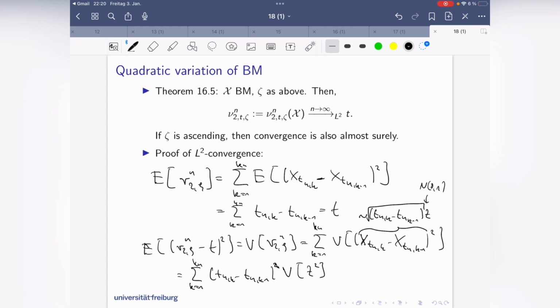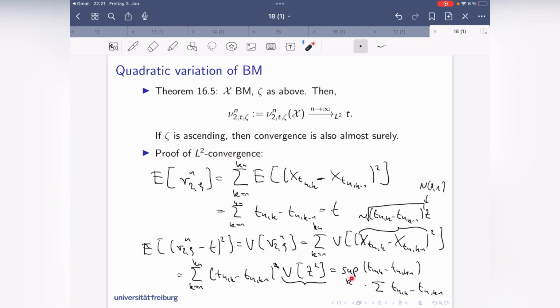Well, this here, the variance of Z squared, is just a finite number. And the sum of this square here, I can do the same trick as we already had. I can pull out one of these things. I get the supremum over all k of t_{n,k} minus t_{n,k-1}, times the sum of t_{n,k} minus t_{n,k-1}.